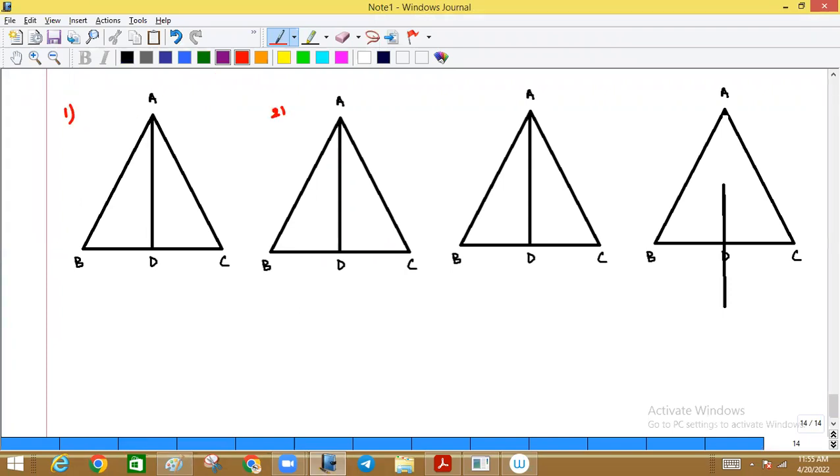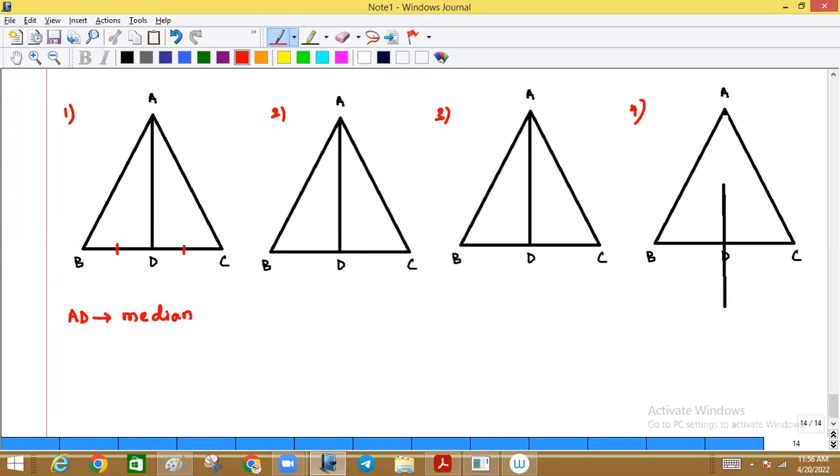The first one, I'm saying AD divides the opposite side into two equal parts. You call AD a median.